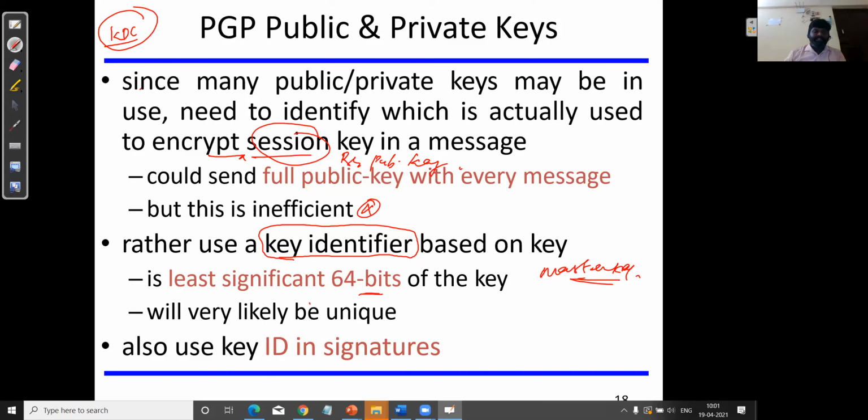This will be unique and is also used as an ID in signatures. Based on these values, whatever key has been generated and distributed by the KDC, they will use the key in order to generate a signature.